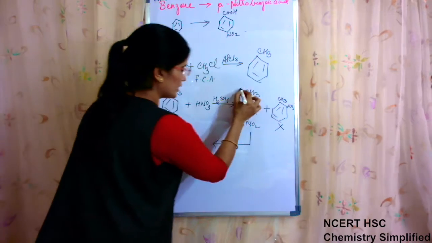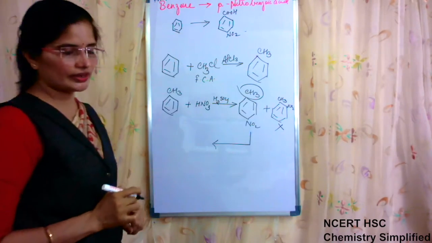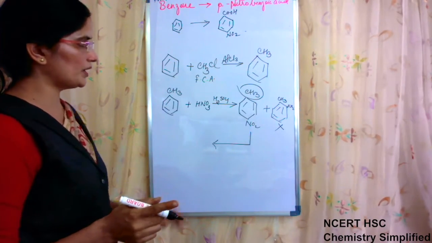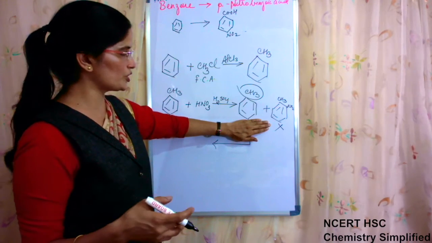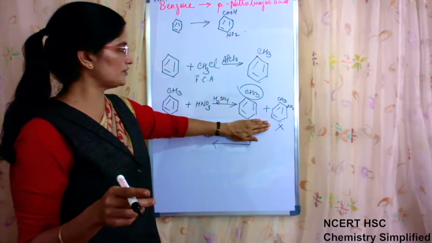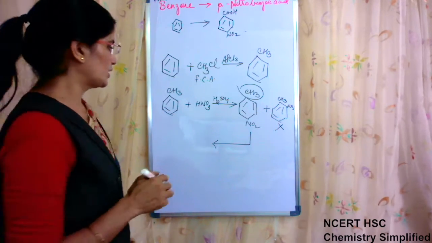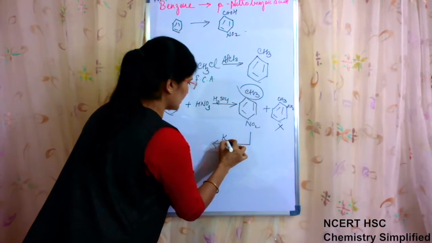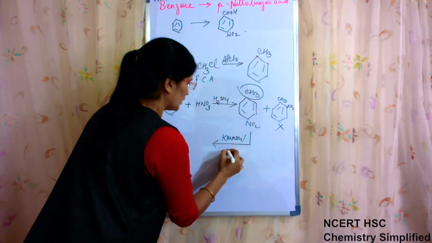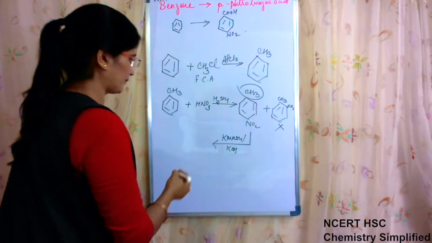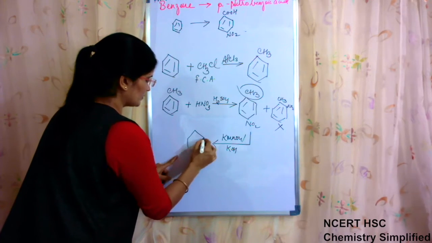Now we know that methyl groups can be converted into acid group, methyl benzene. Suppose NO2 group is not there. There is a reaction in which directly the methyl group attached to the benzene ring can be converted into acid group, that is KMnO4 in presence of KOH. This reaction we have done.